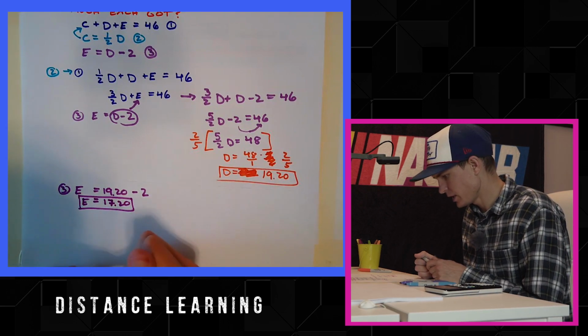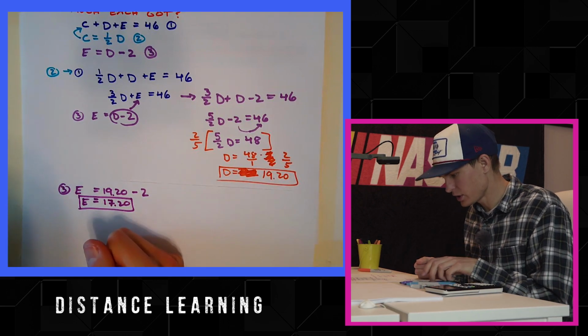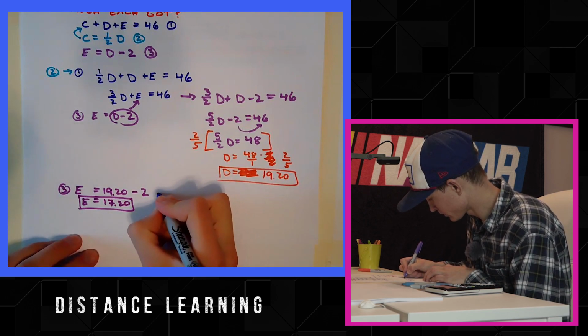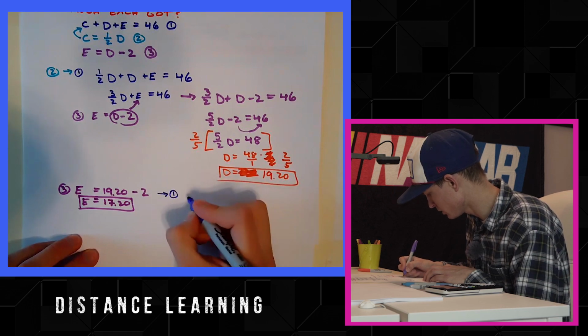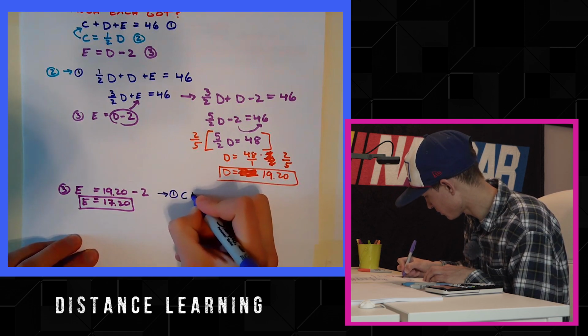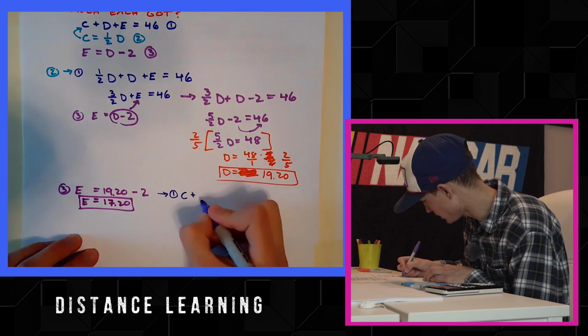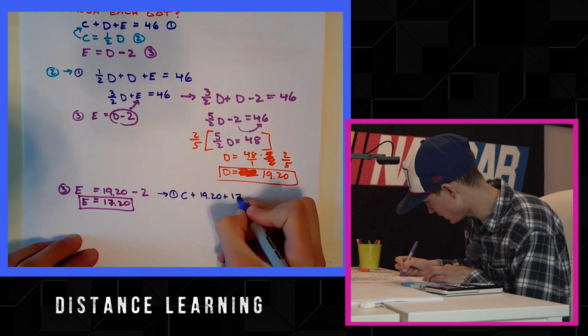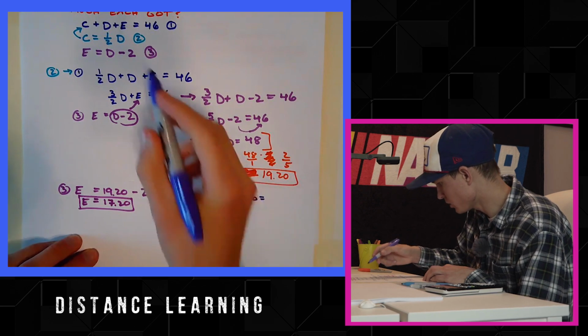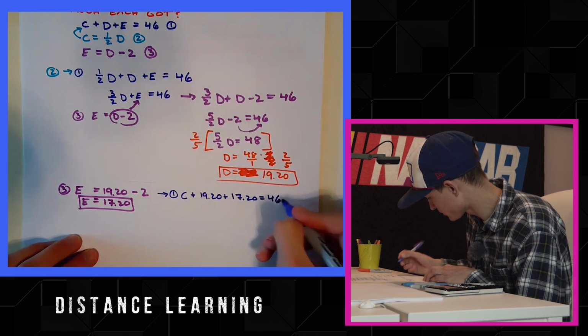That means the last thing we need to do is plug it into the top equation. So C, Carl, we don't know Carl yet, plus Diane, 19.20, plus Ed, 17.20, equals $46.